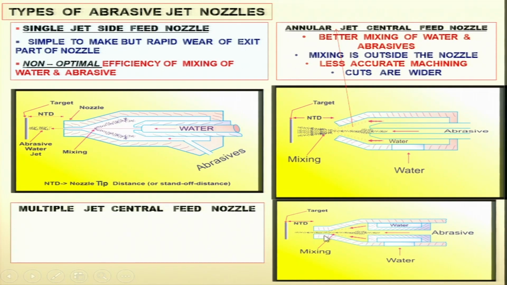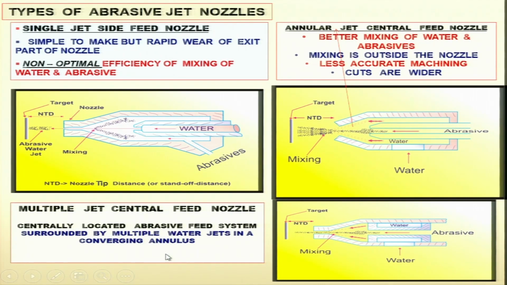Both of them are getting mixed up in the tube itself, and you have the target nozzle tip distance, and the centrally located abrasive feed system, and then you have it surrounded by multiple water jets in a converging annulus. These are the multiple water jets, and they are converging over here where they are mixing with the abrasive particles.